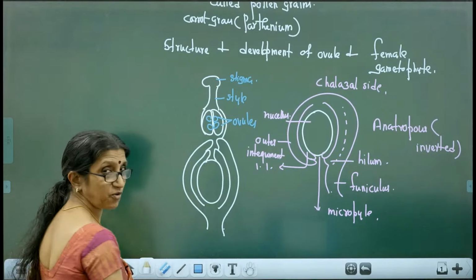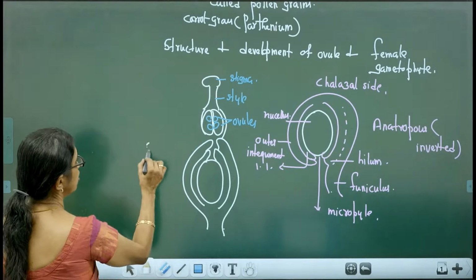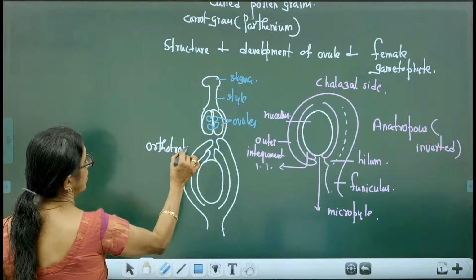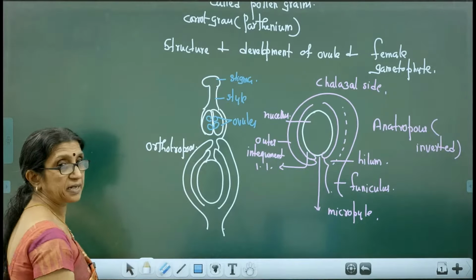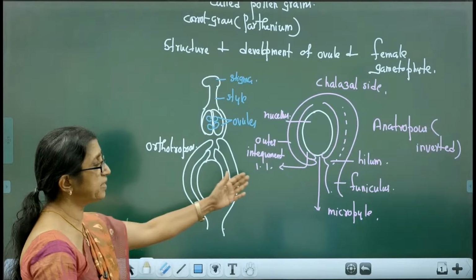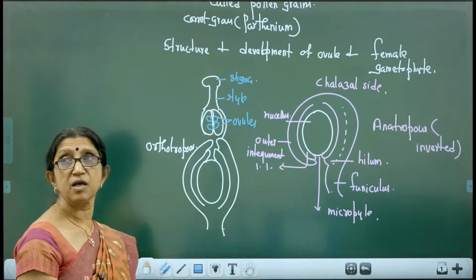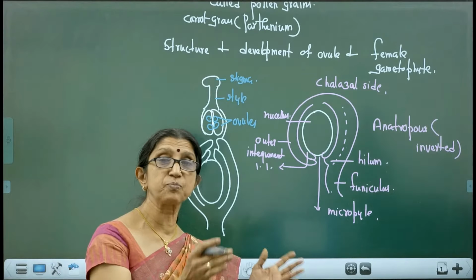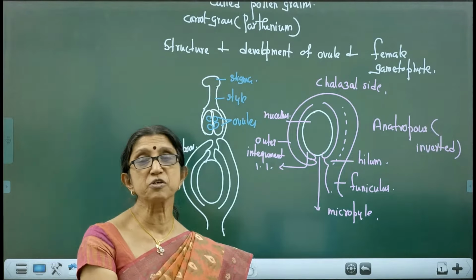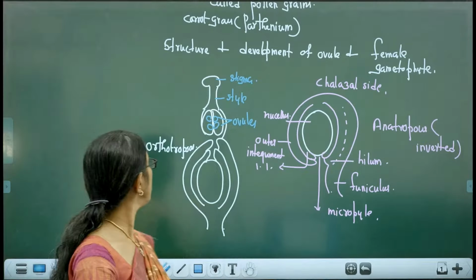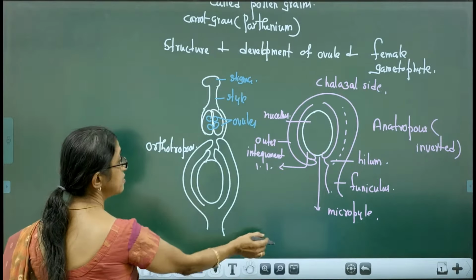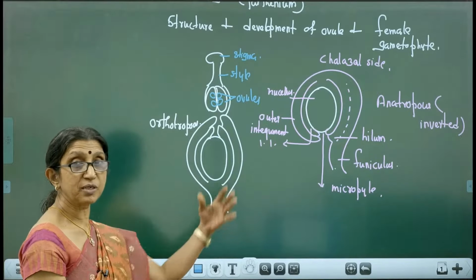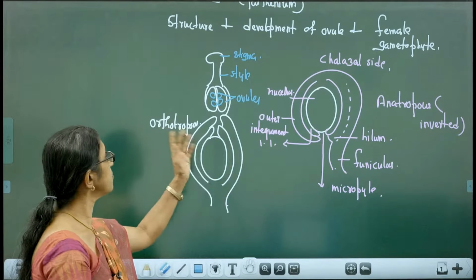This is another type of ovule, and it is called orthotropous. Okay, an erect one, whereas here it is inverted. So based on the position of the micropyle with respect to the funiculus, in angiosperms we can see different types of ovules. Of course, I have drawn the diagrams of two types of ovules here. They are anatropous and orthotropous.